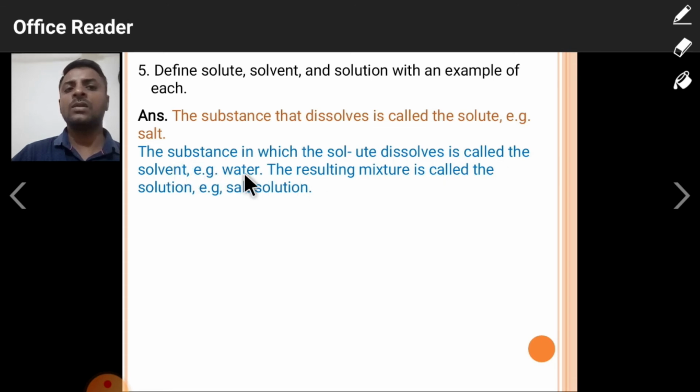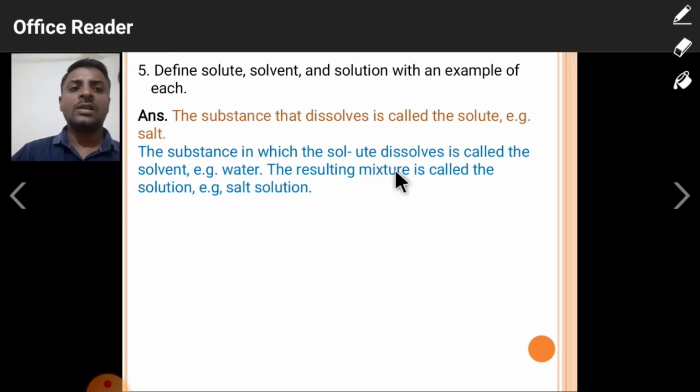For example, water. Water is the universal solvent because it is useful in many laboratories, and scientists do research and many experiments with water.